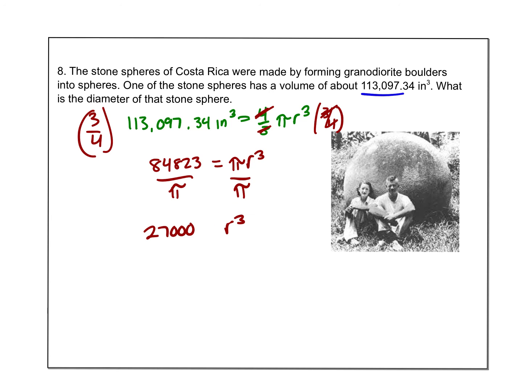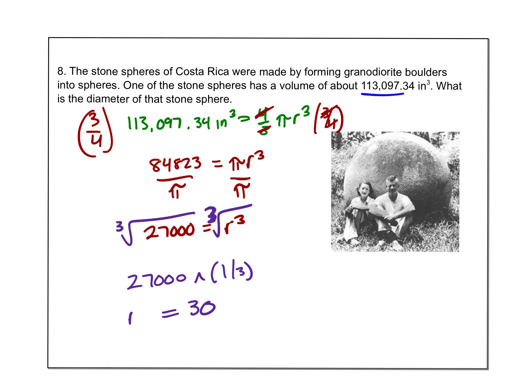What I want to do is pay attention here, take the 3rd root. That's a 3, so take the 3rd root. How do I do that in a calculator? I will take the 27,000 and raise it to the 1/3 power, and it will equal 30.